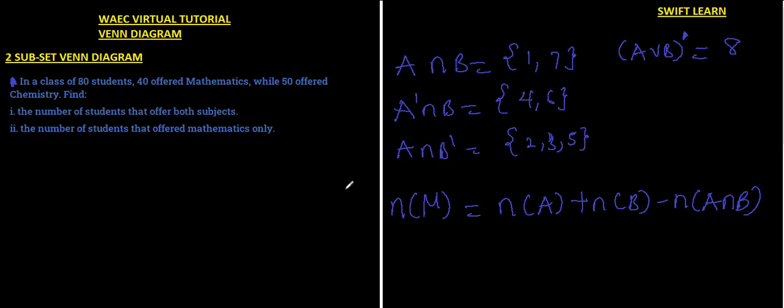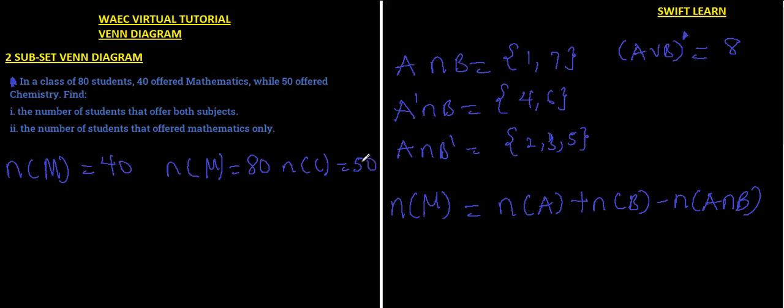How will you solve this question? With this formula we have here. Now, we have the number of those that studied mathematics, which is 40. The number of everybody in the class is 80, while the number of those that have chemistry is 50. And you'll be like, 50 plus 40 is already 90, it's even more than the universal set.